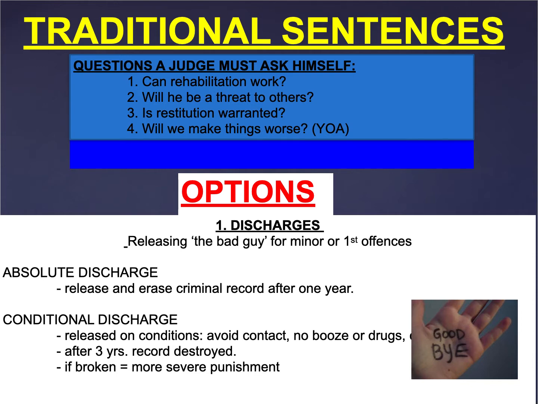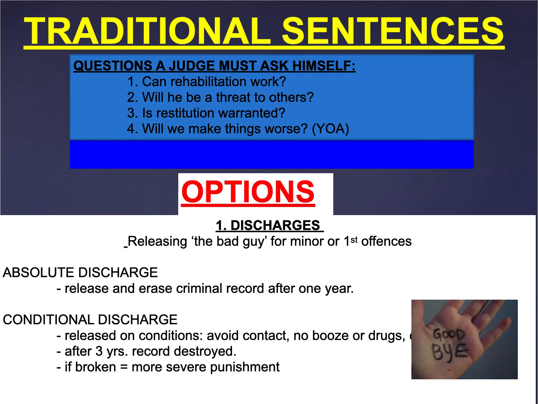Will the person be a threat to others? Is restitution warranted? And especially for young offenders, under the YOA, Young Offenders Act, or Juvenile Delinquents Act, basically teenagers who commit something under the Criminal Code: if they are sent to prison, could it make it worse? Or will setting them free make it worse?